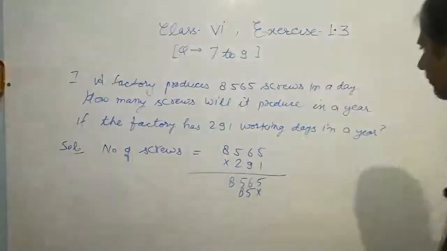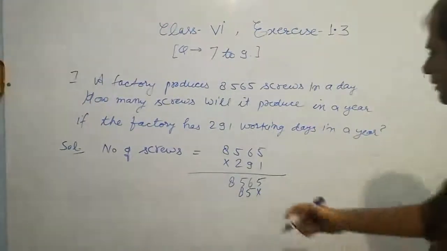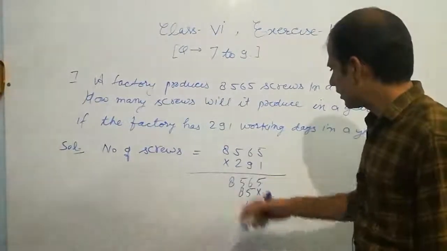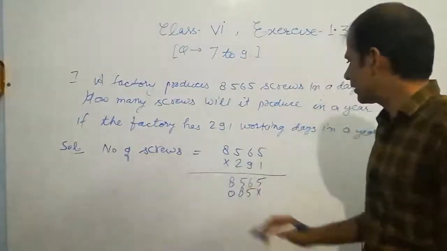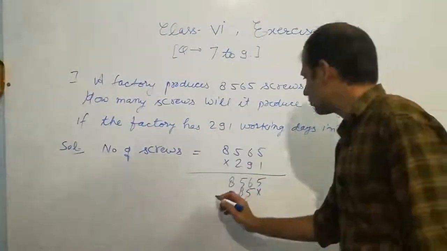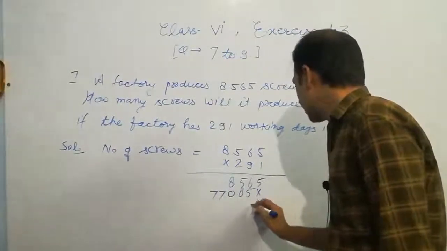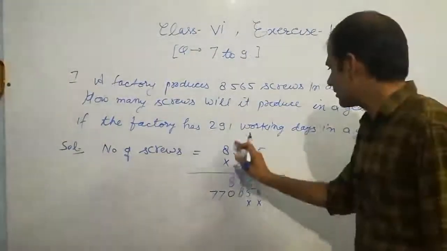Check again, 9 5s are 45, 4 carry, and 9 6s are 54 plus 4, 58. Then 5 carry, 9 5s are 45 plus 5, 50. 5 carry, 9 8s are 72 plus 5, 77. Again cross means 0. So multiply this number by 2.